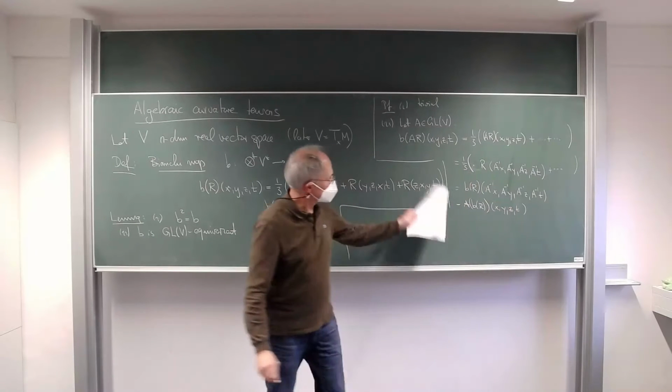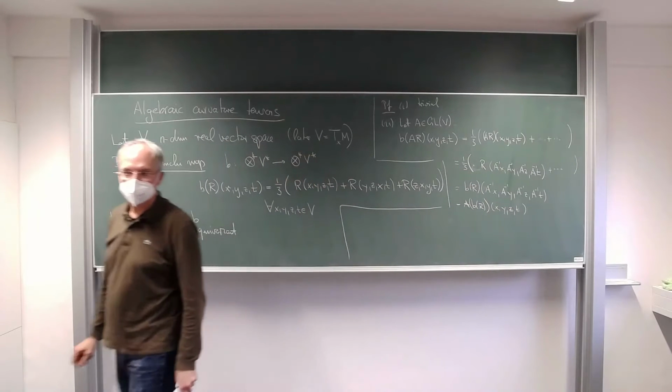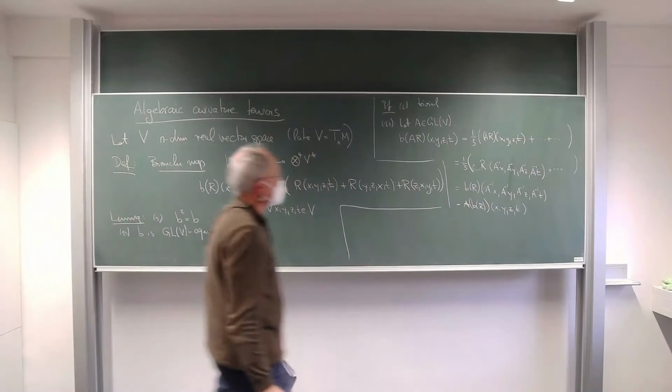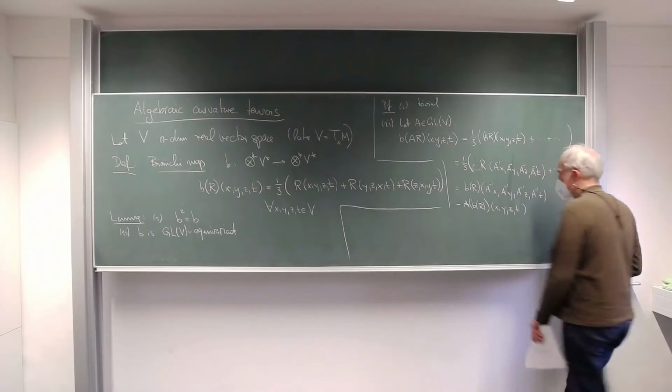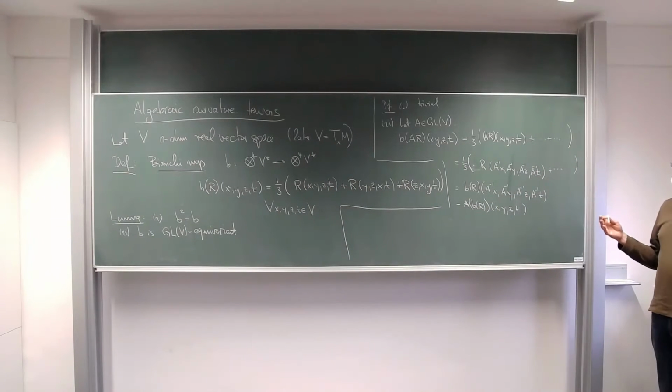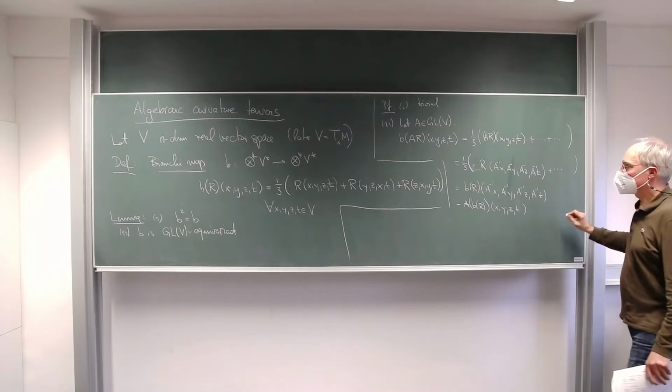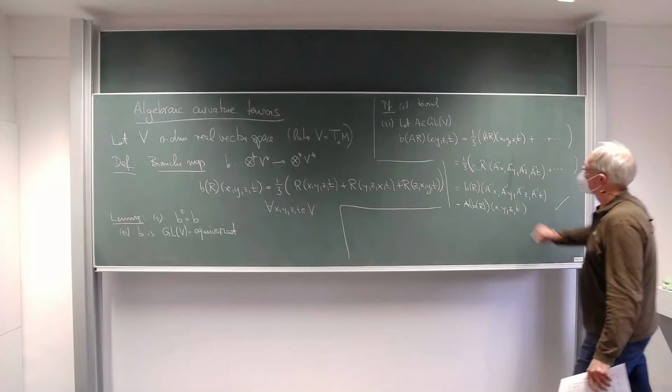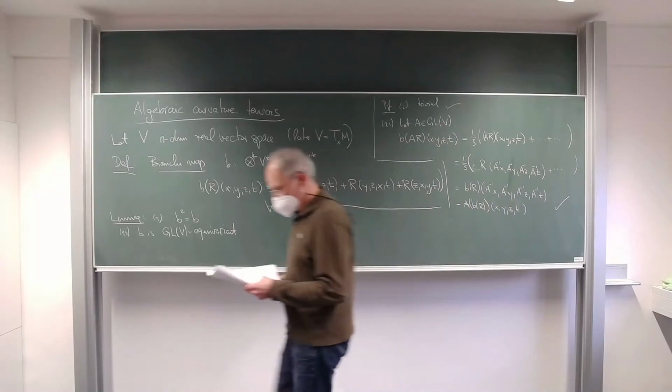And this is this equivariance property. This is important because it tells us that this map will not depend on any choice of basis or anything. Good. That's good. What else do we have?